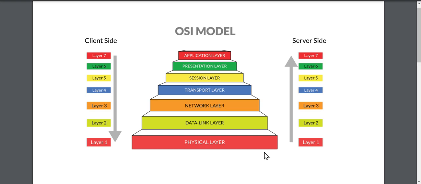So if there are two devices in a network, let's say device A and device B, I'm not going to use device A and B again. I'm going to say one is a client, one is a server. If you know what this means in IT, a client is just the one that requests resources from the server.